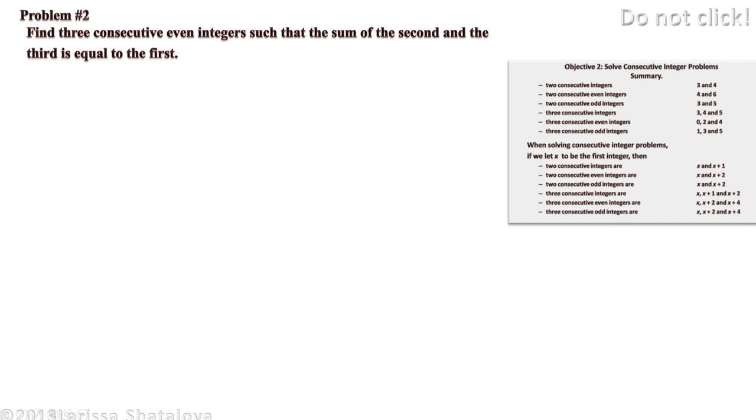Problem number 2. Find 3 consecutive even integers such that the sum of the second and the third is equal to the first. So we are looking for 3 consecutive even integers. Analysis.